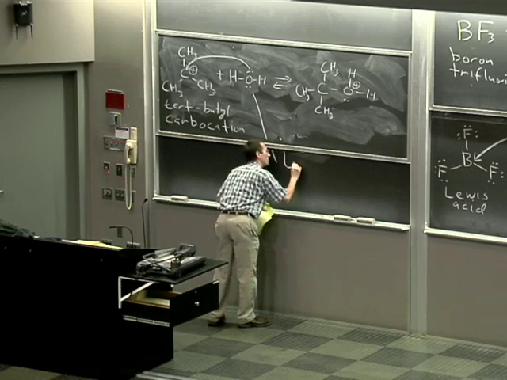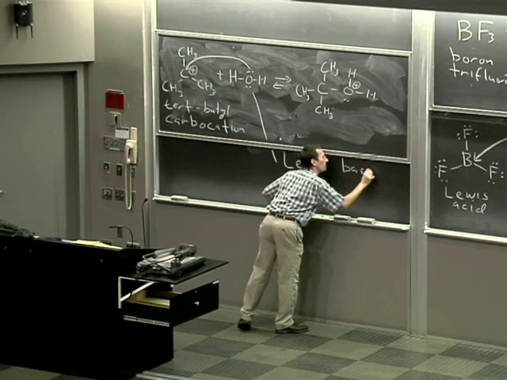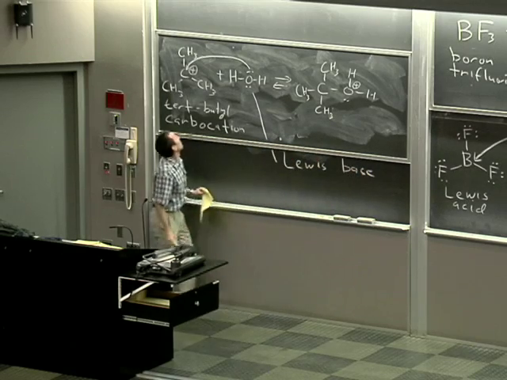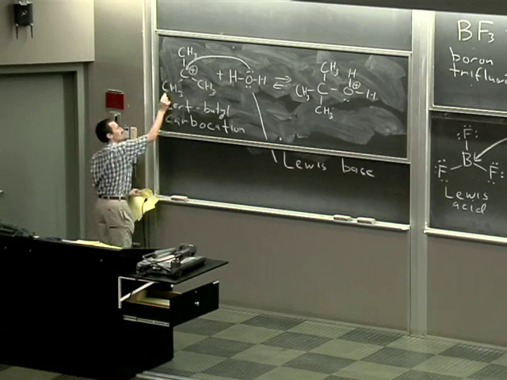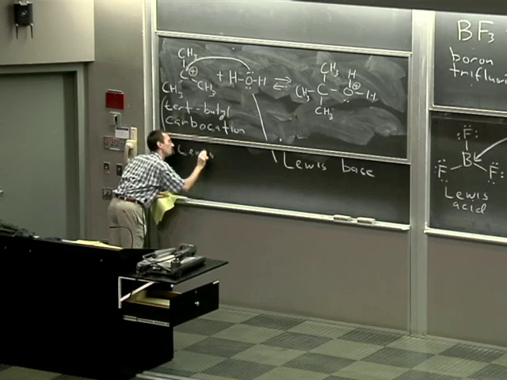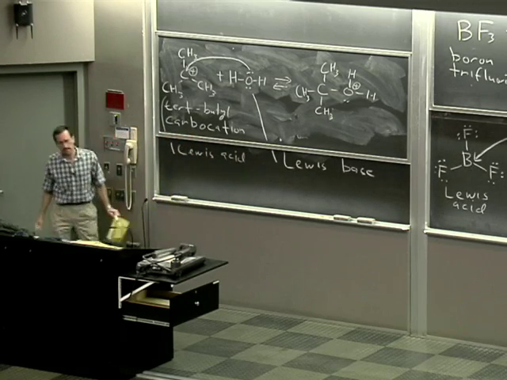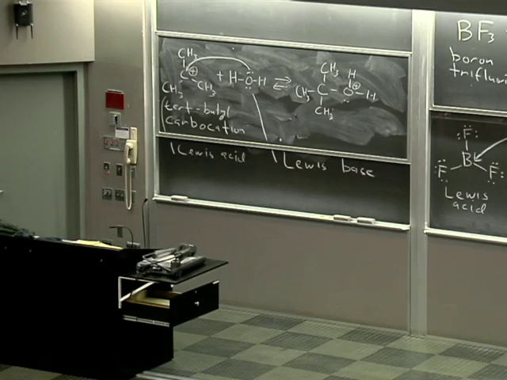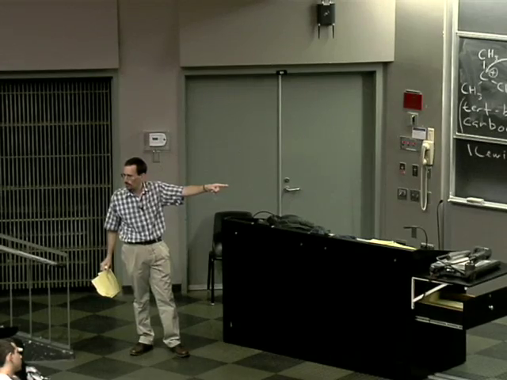As I said, our water, and I'll come down to the other blackboard, is acting as a Lewis base. Tert-butyl carbocation is acting as a Lewis acid. And really this reaction is the exact same reaction we see on the other blackboard.